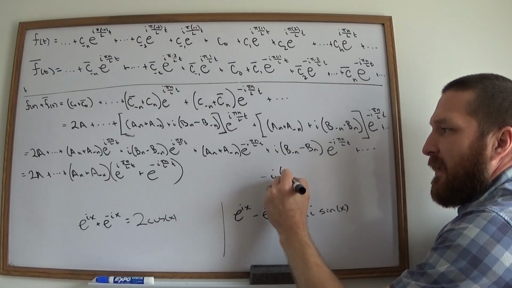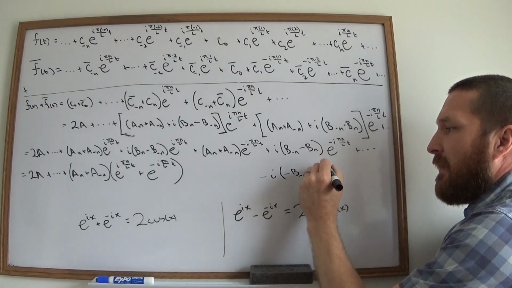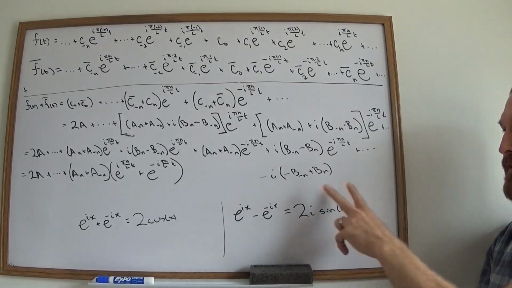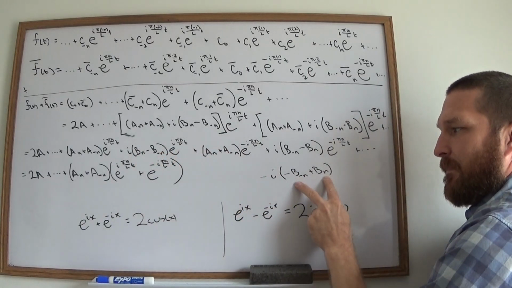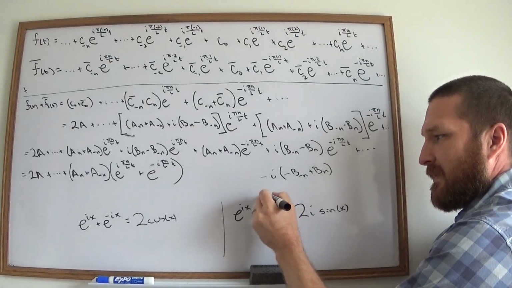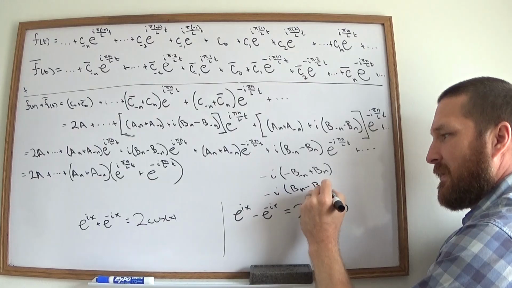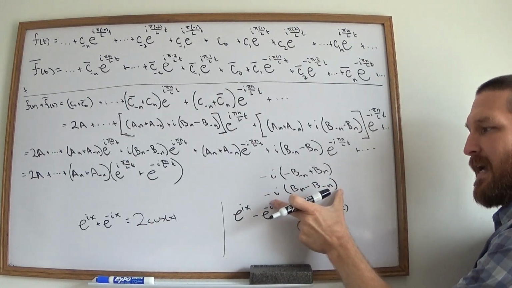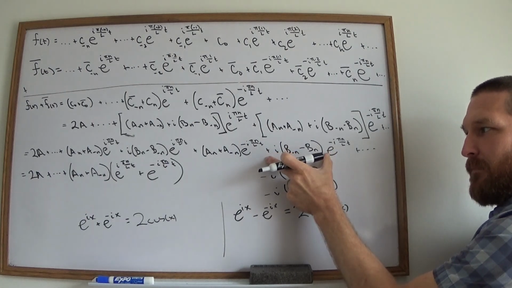Make that negative i, negative b negative n plus b n right there. Now we can see that's the same thing as that, right? To be really explicit, that's the same thing as minus i b n minus b negative n, right? Check that, that is the same thing as that right there.